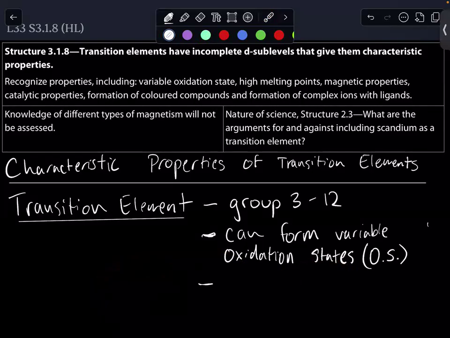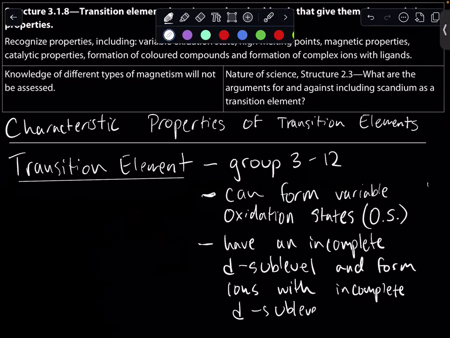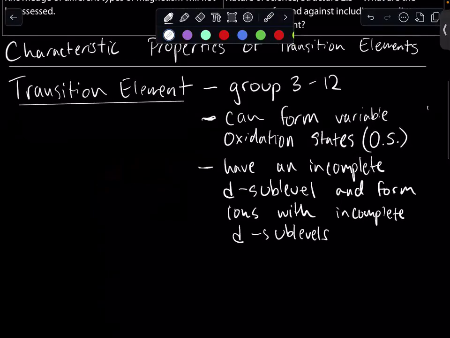And then lastly, and this is the important part, they have an incomplete D sublevel. So that's really important. Because they have the incomplete D sublevel, they also form ions with incomplete D sublevels. So this tells us what elements are not transition elements.